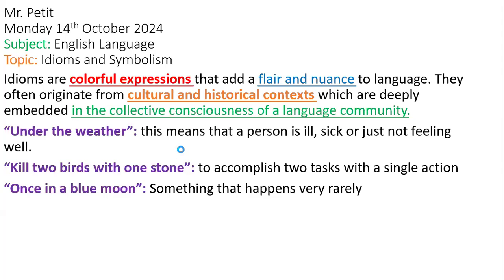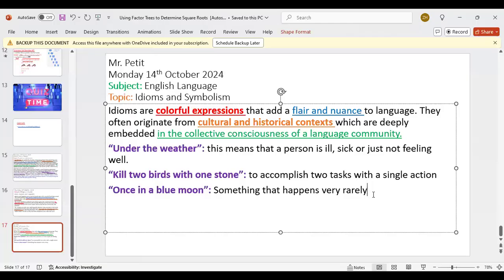A blessing in disguise, yes. When hell freezes over, wow. Don't beat around the bush, yes. Put your foot in your mouth, yes. Hold your horses, yes. So those are all good examples of idioms.